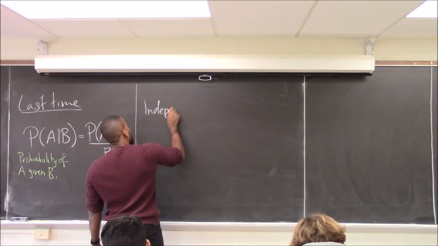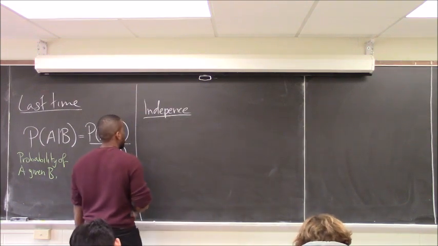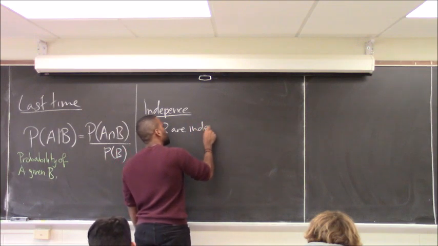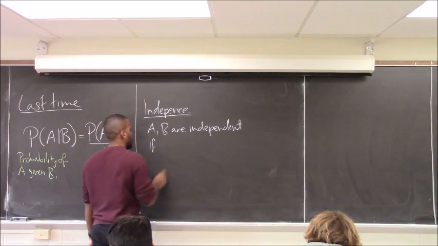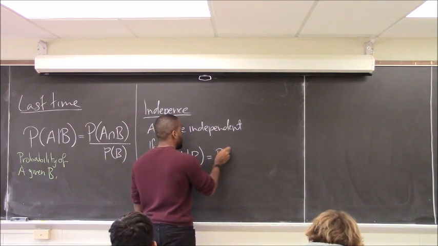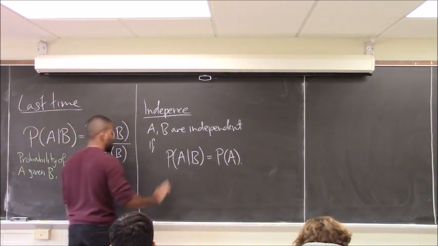We also defined independence. So we saw that A, B are independent if the probability of A given B is just the probability of A, meaning B occurring does not affect A occurring, and of course it actually goes the other way.